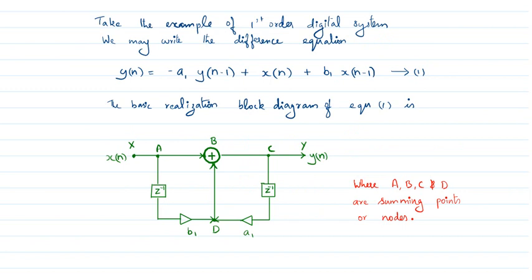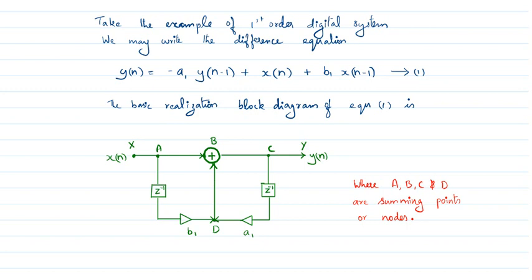So next I will show some example. One of the first order systems' equation is written here, a difference equation: y of n equal to minus a1 y of n minus 1 plus x of n plus b1 x of n minus 1. So in this equation you can see y of n is the output. This output will depend on the past output.